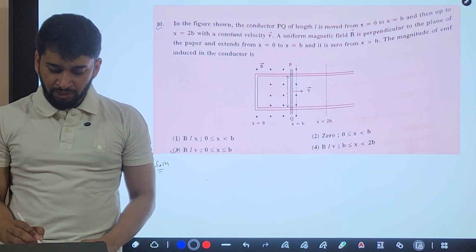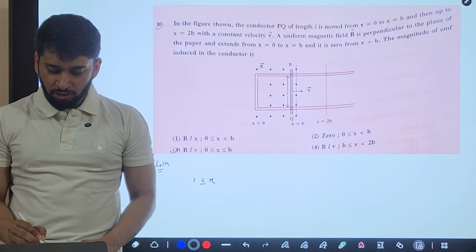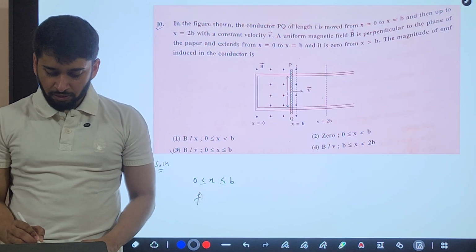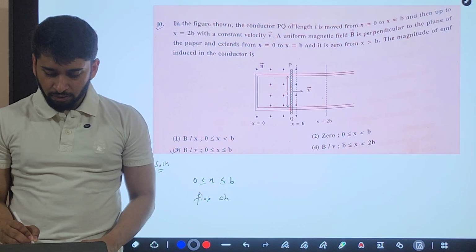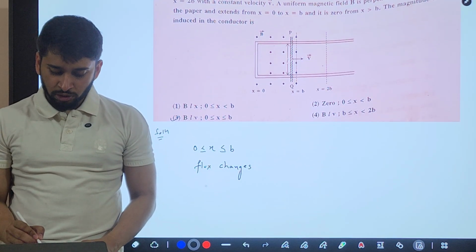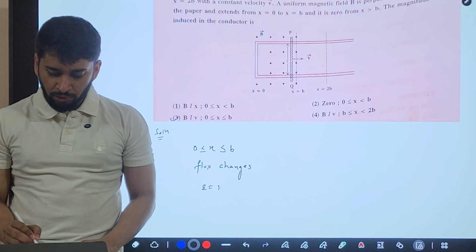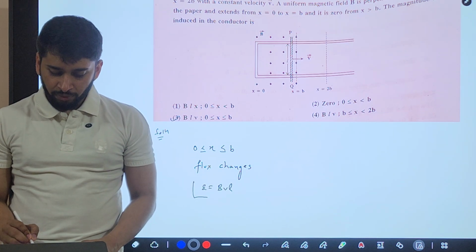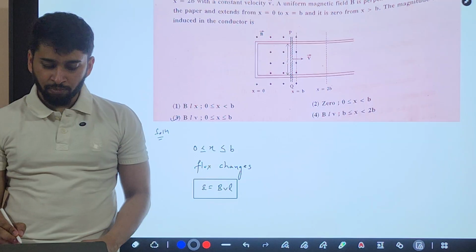So when x is between 0 to b, flux changes. So EMF will be induced. EMF induced will be equal to BVL or BLV.